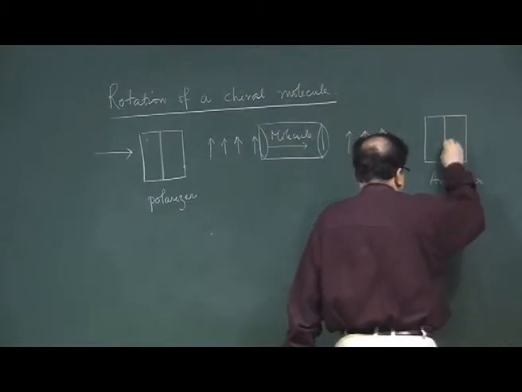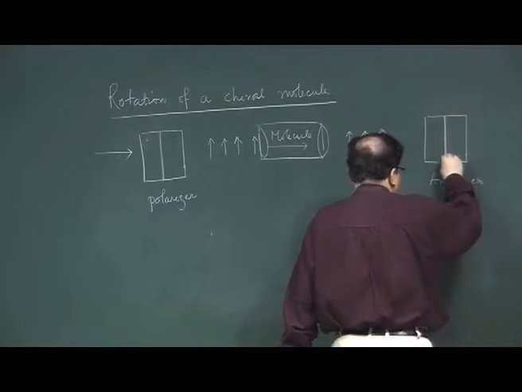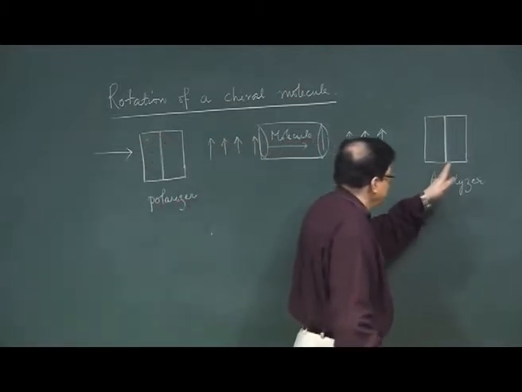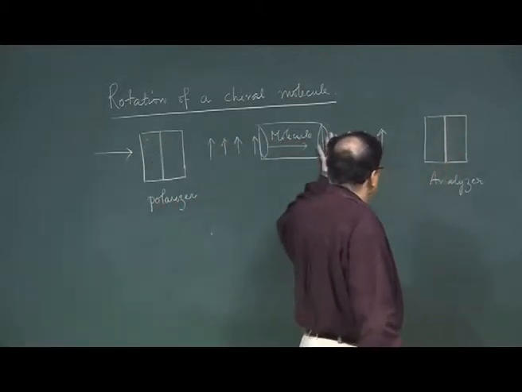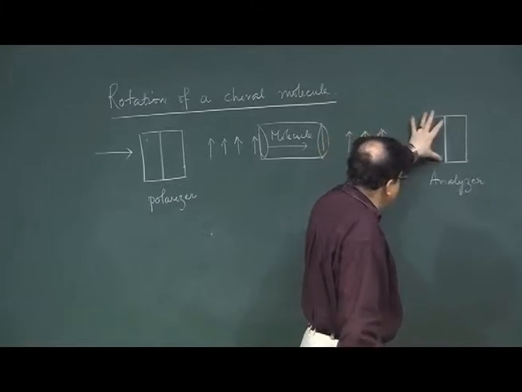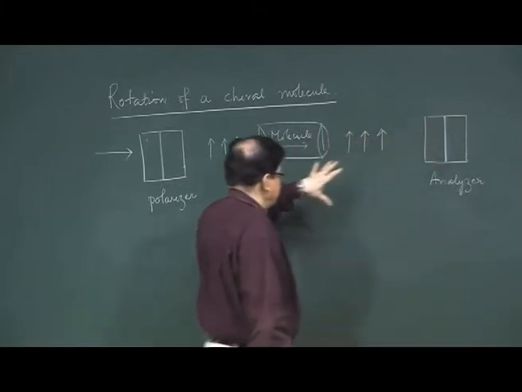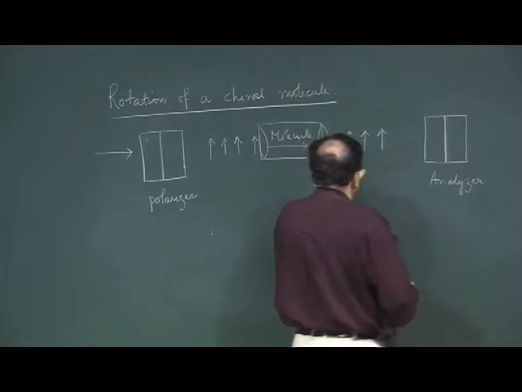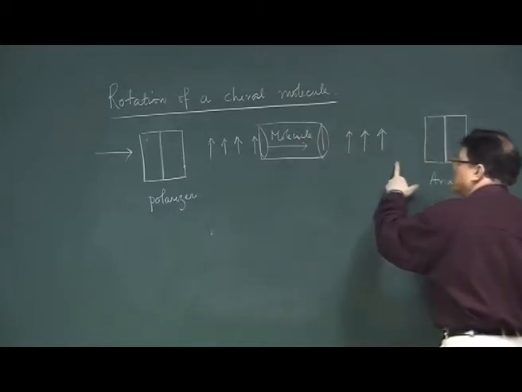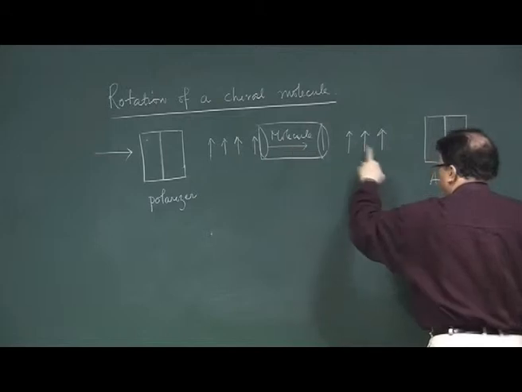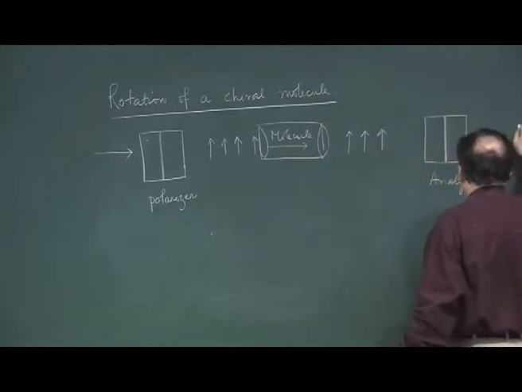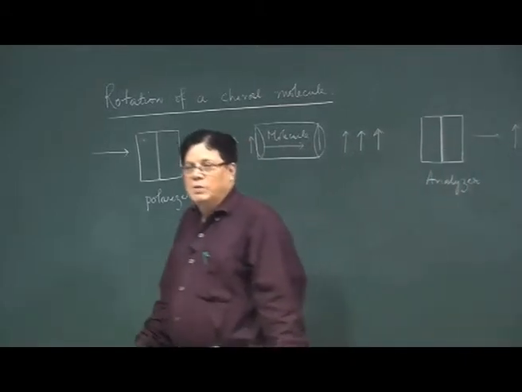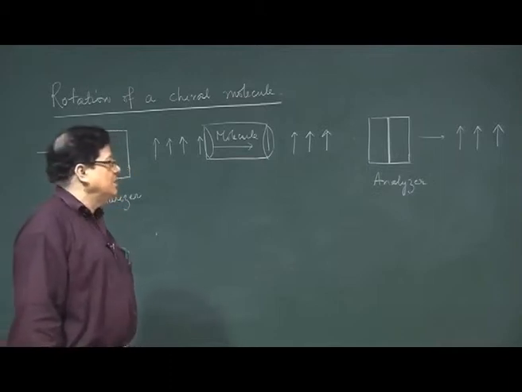If the principal section, simplified as a slit in the middle, is coaxial with this, and there is no rotation of the plane polarized light after passing through these molecules, then light will pass through with the same intensity.